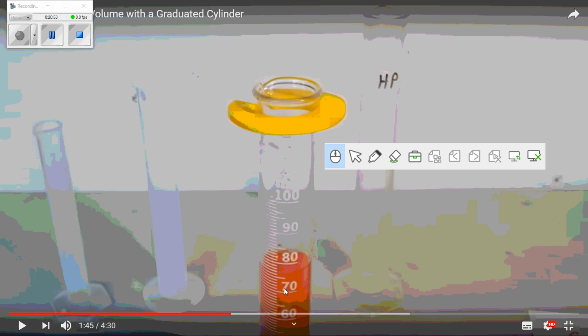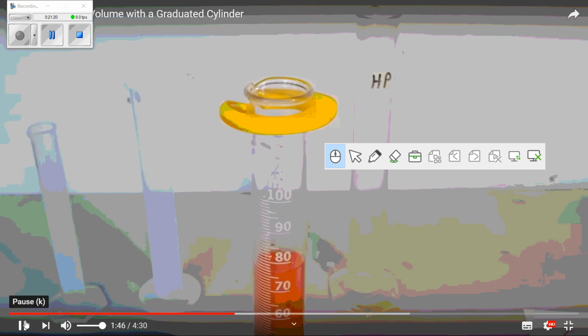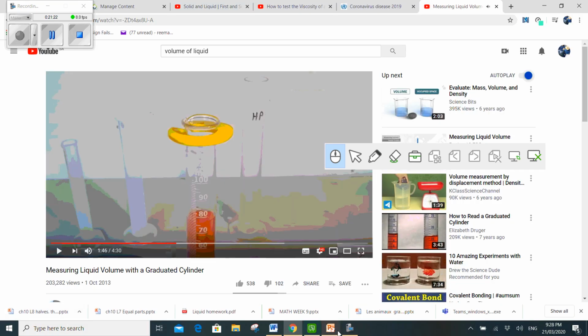The longest, 4 tenths. So 70, 71, 72, 73, 74, 75. And look here, the volume of the water. So he asked me, how much water do we have? We have 76 milliliter. Okay, I hope the lesson is easy peasy.